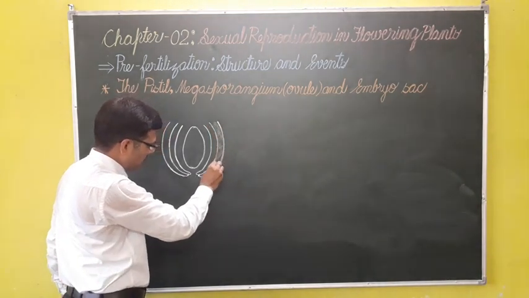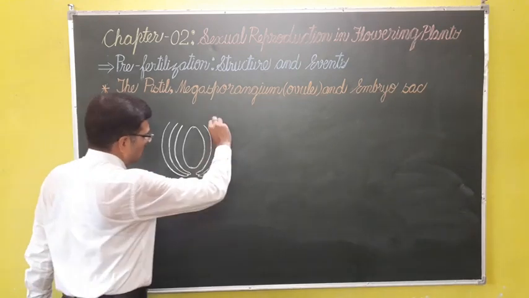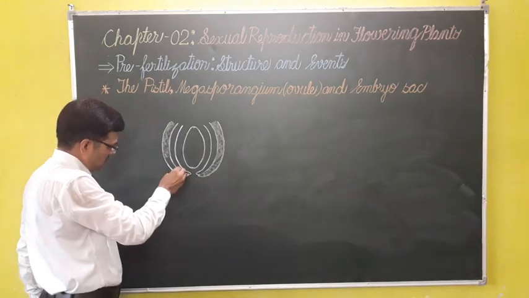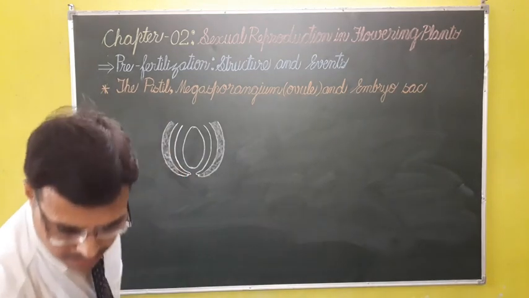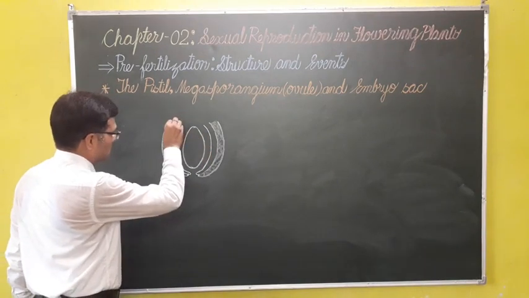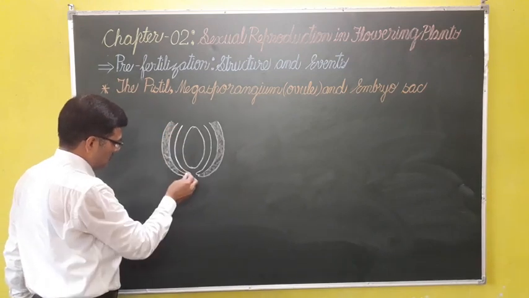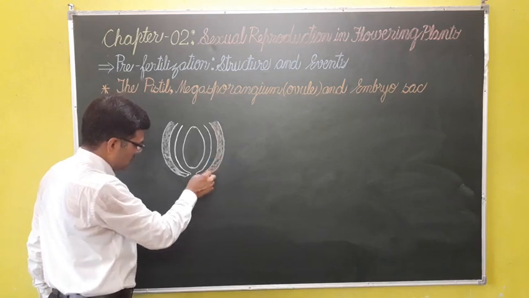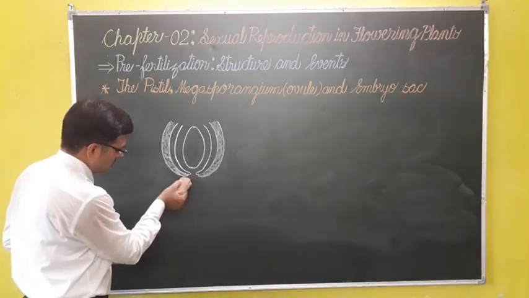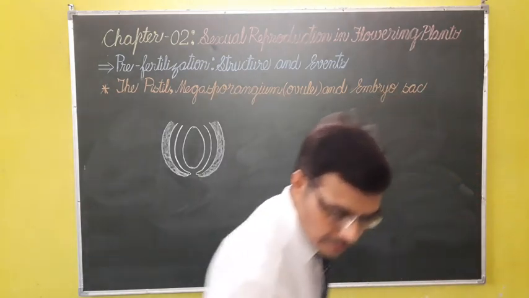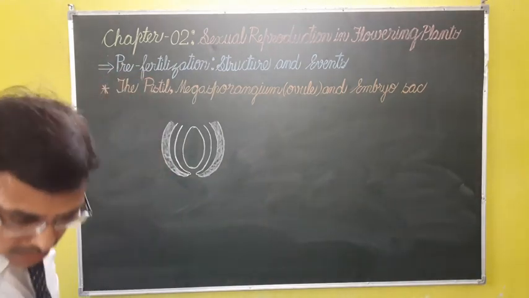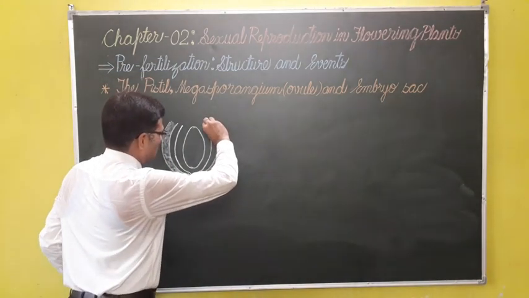This is the outermost envelope of an ovule. Now this is the inner envelope.